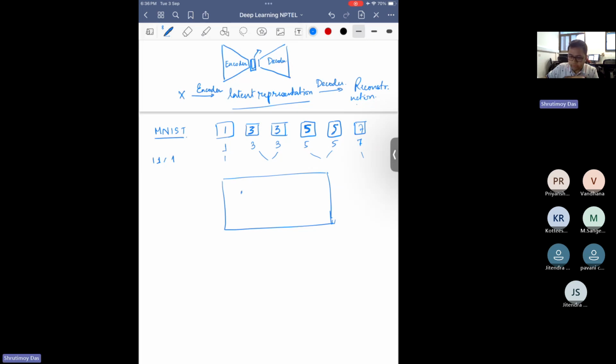It will be easier for the network to separate between say 1 and 5 if the ones lie on one side and the fives lie on another side, right? Then the neural network can directly say, okay, let me draw a decision boundary here. Anything that lies on this side is a 1, anything on this side is a 5. But for that the neural network has to learn this space, right?